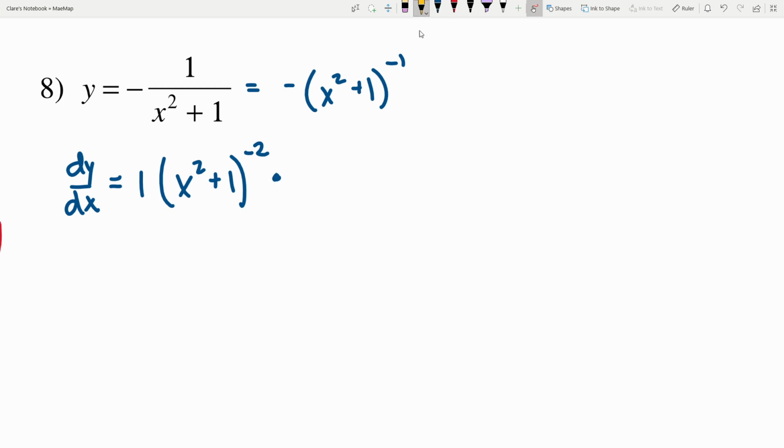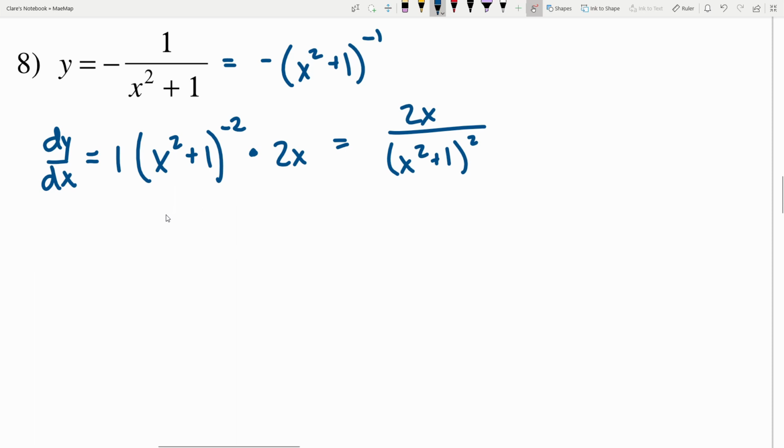And that was just the derivative of my outer function, which was this raised to the negative 1. So now I need to take the derivative of the inside stuff, which is 2x. So in this case, I have 2x all over, rewriting this in my denominator as a positive exponent, x squared plus 1 squared.